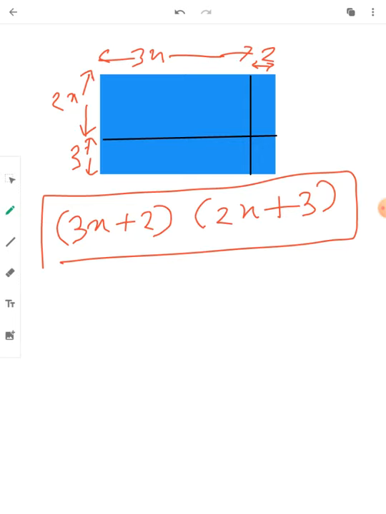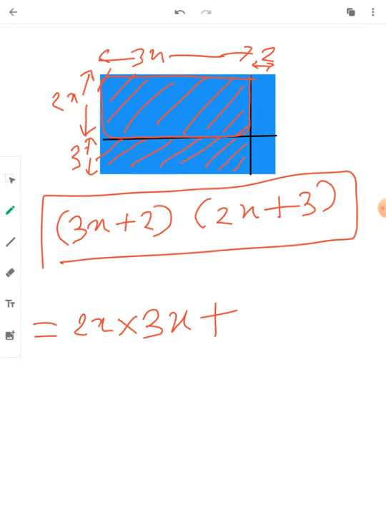So what is the area of this part? Only this part. This area is equal to 2x times 3x, right? Plus, what is the area of this part?